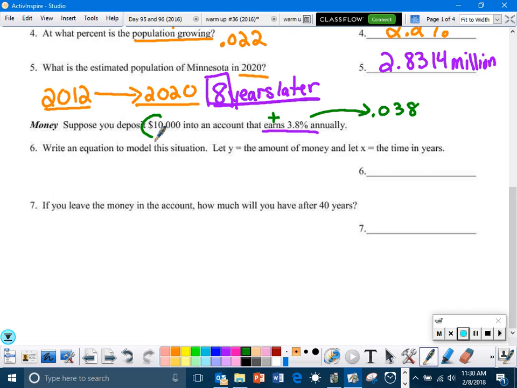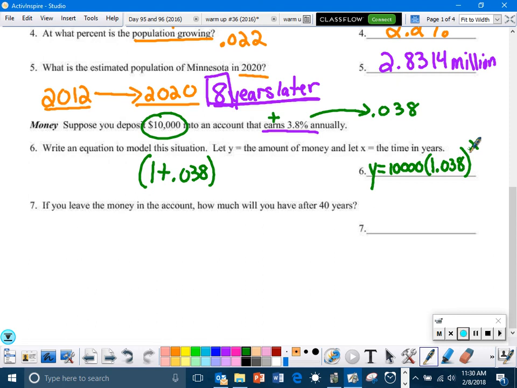We're starting with $10,000. So y equals 10,000 times, now again I'm going to do a little scratch work here. The parenthesis would be 1 plus 0.038. I do not want the plus sign in our final answer, so add those together. That's 1.038 to the x power.